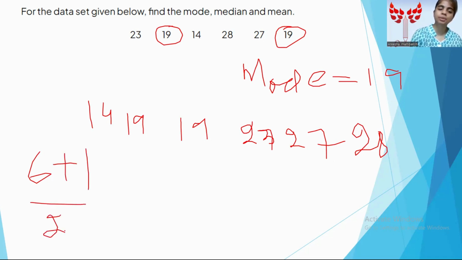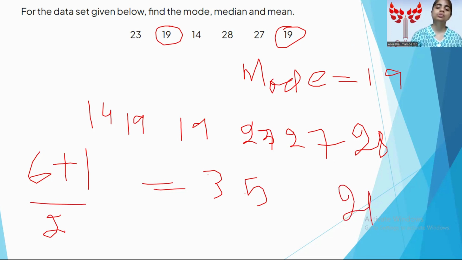Always remember this for median. So 3.5, you get your answer. This is not your median. This tells you that the 3.5th value will be the median. Okay. The 3.5th value is the median, right? So that is between 19 and 23, and that comes out to be 21. So our median is 21.